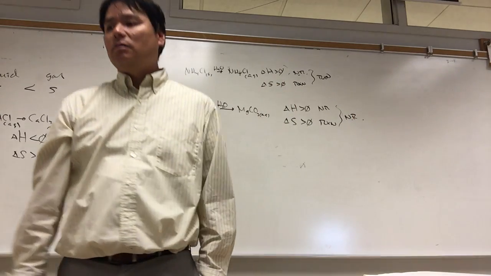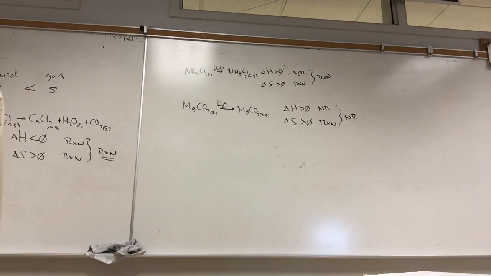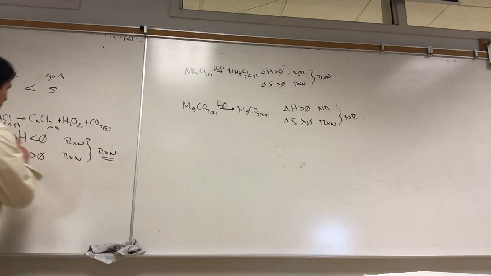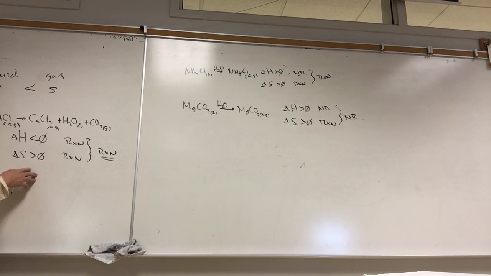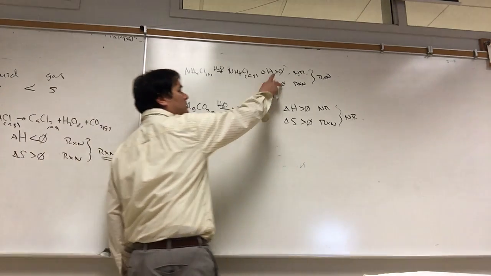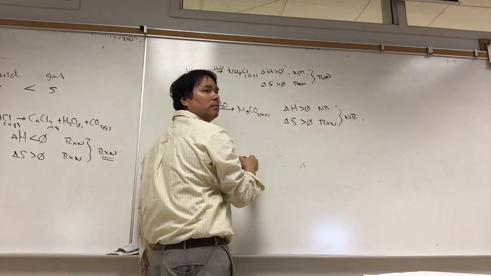And so how do we know which one wins when there's a conflict? If both agree, let's say energy says no reaction, entropy says no reaction, then it's easy. There's going to be no reaction. Or energy says reaction and entropy says reaction, then it's easy. But when there's a conflict like this, which one wins?